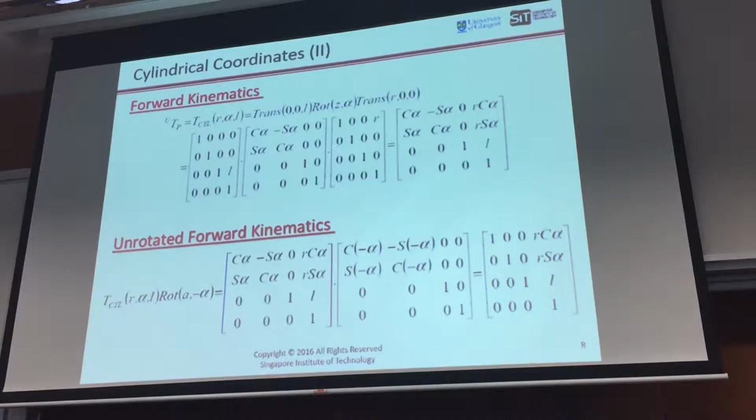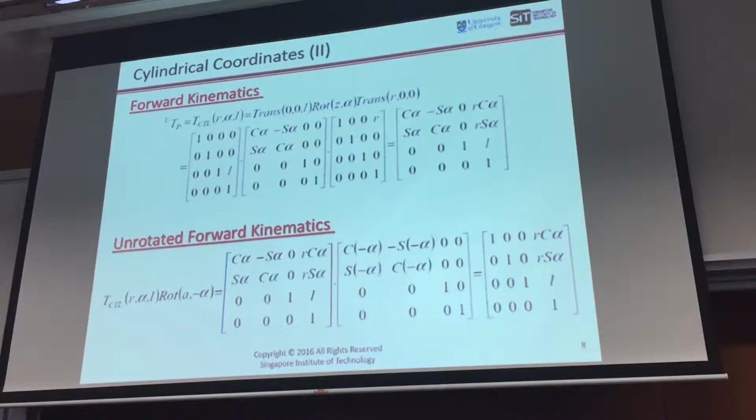What did I tell you earlier on? That I'm just looking at position. If I'm just doing pure position, sometimes I got some terms in the orientation matrix. Notice that something is not right. What happens is this.